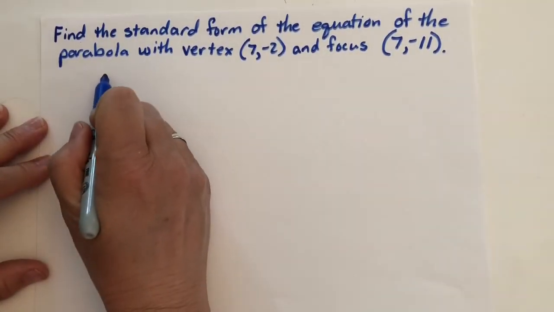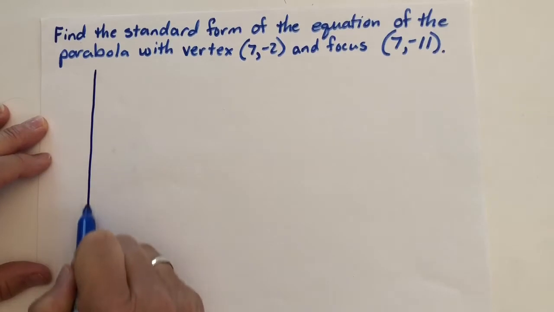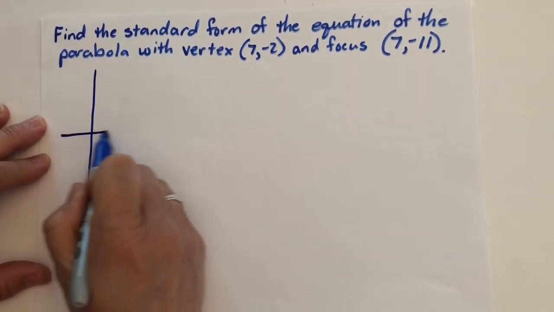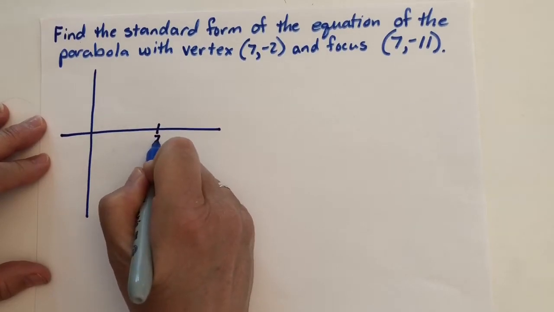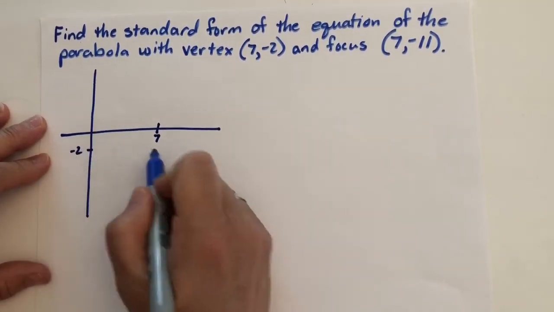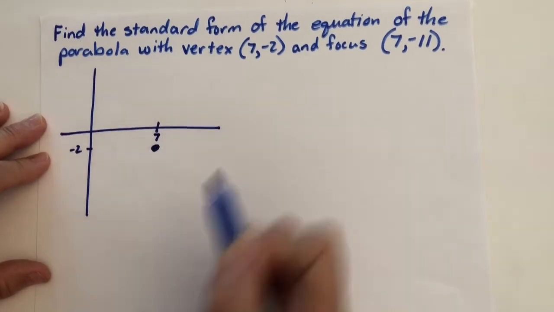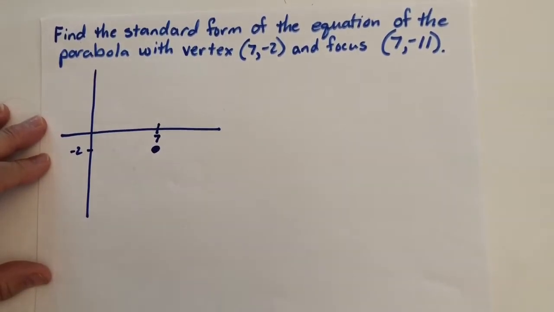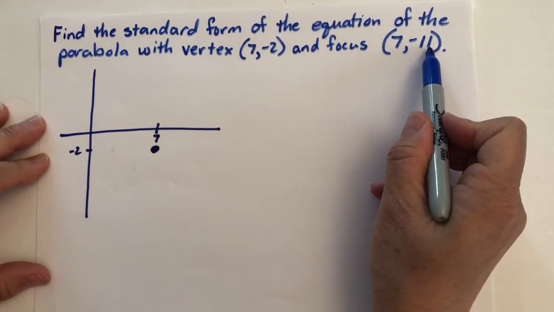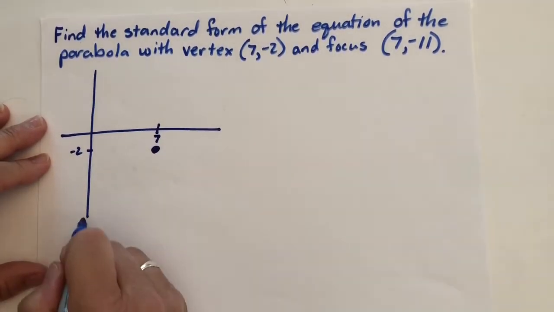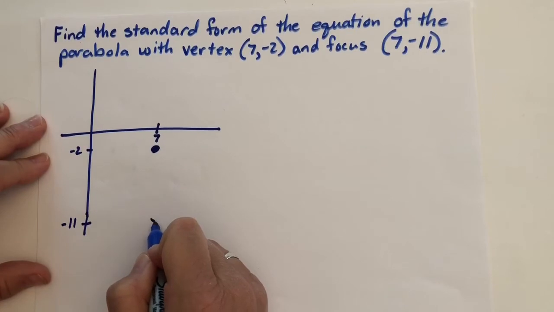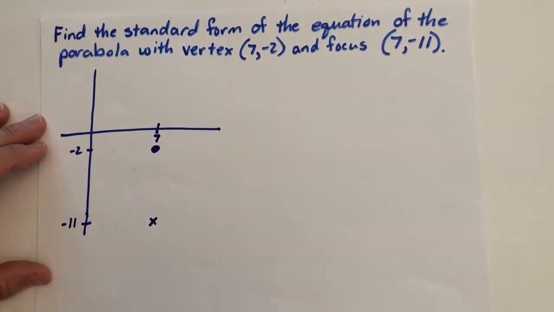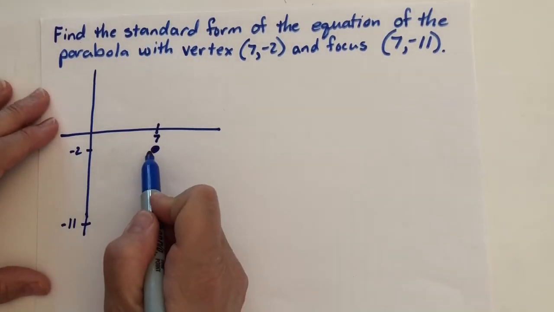So let me draw the picture. Let's see, (7, -2). So I'll put 7 here and -2 about right here. So here's our vertex. Our focus is at (7, -11). So (7, -11), let's put it down right about here. So again, I notice that we have a parabola that is opening down.